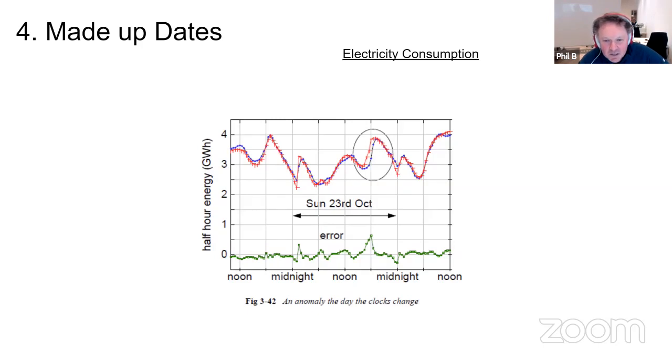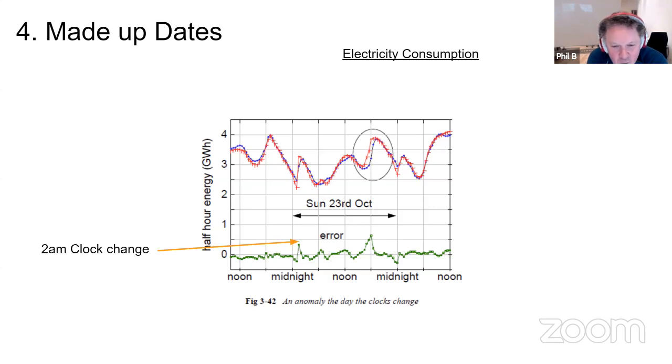And when I looked into when the errors were, they were on this particular day, Sunday, the 23rd of October. Now, that just so happens to be when summertime starts in the UK. And basically what I figured out was, when the hour changes, there'll be one day of the year that only has 23 hours and one day of the year that has 25 hours. Now, how do you deal with that in your database?